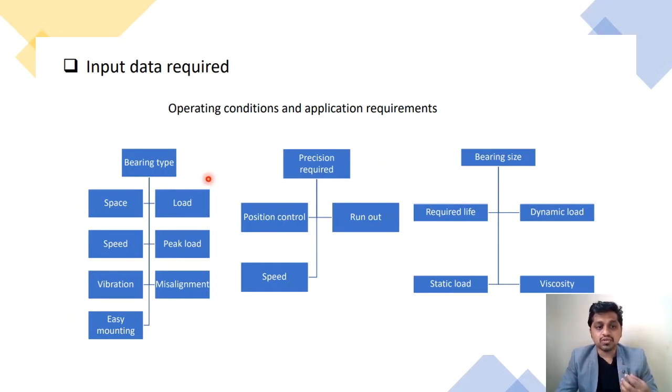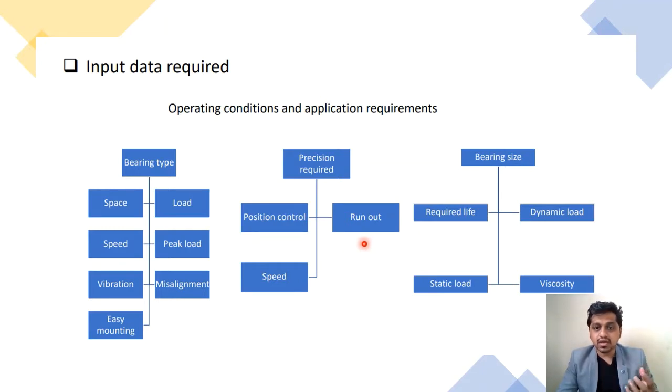What is the load, is there any misalignment, what is the space, at how much speed our bearing is going to operate. We have to consider all these parameters, and on that basis select our bearing. Then precision requirement: how precise our system is, and if there is a runout, whether it is allowable or not.